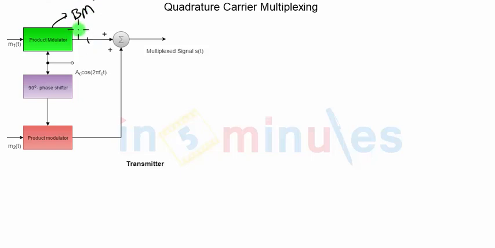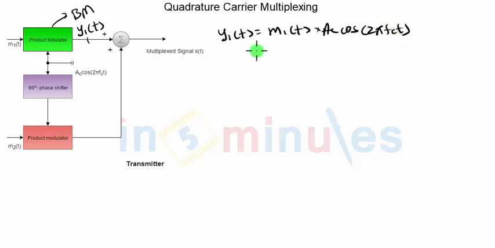So if I write down the output of the first product modulator, let me call it Y1T, Y1T is going to be nothing but M1T multiplied with Ac cos 2 pi fct, where Ac is the peak amplitude of the carrier signal. So what you observe here is we get double sideband suppressed carrier form for the first signal M1T.